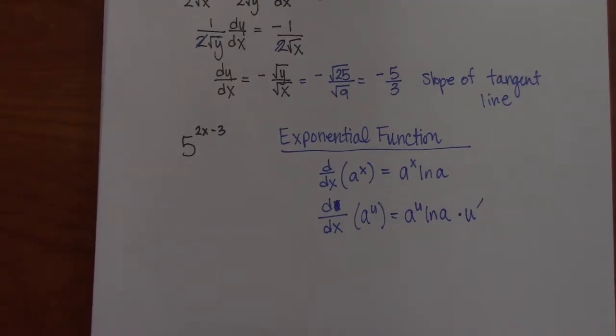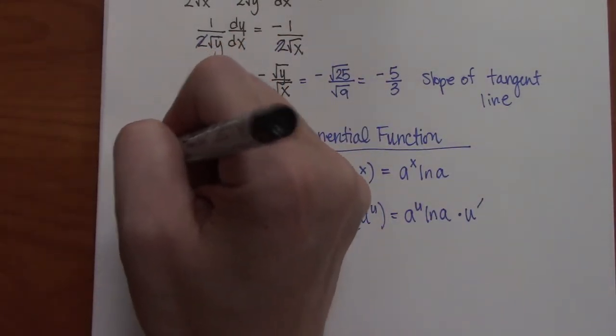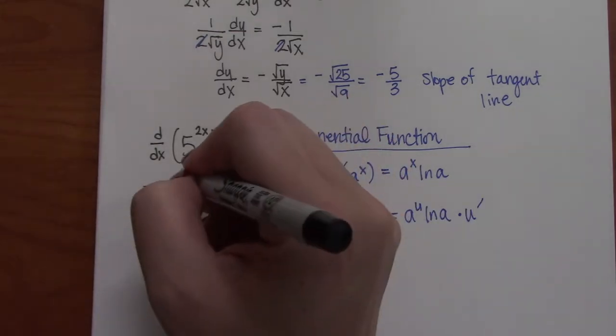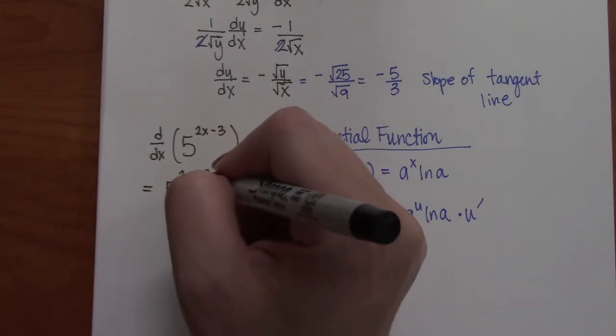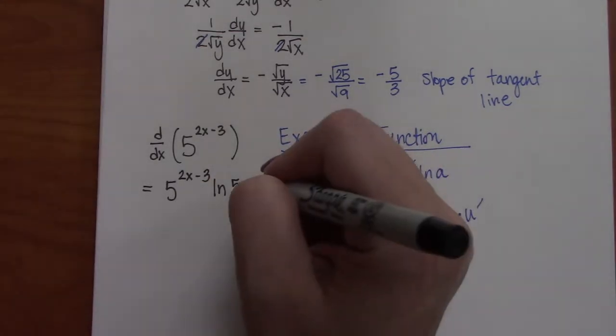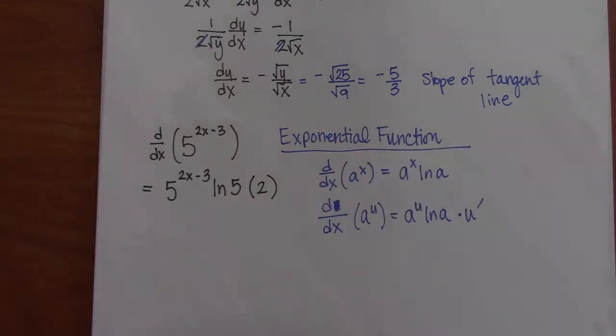So to do your function, if I take the derivative with respect to x of this, the outside function is 5 to the u, ln of 5, and then I have to multiply this by the derivative of my inside function, which is just 2.